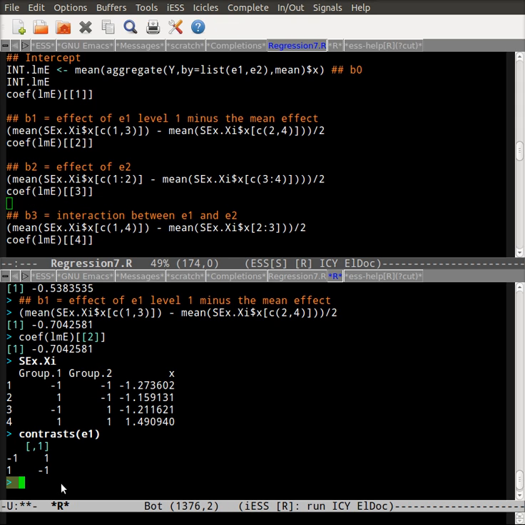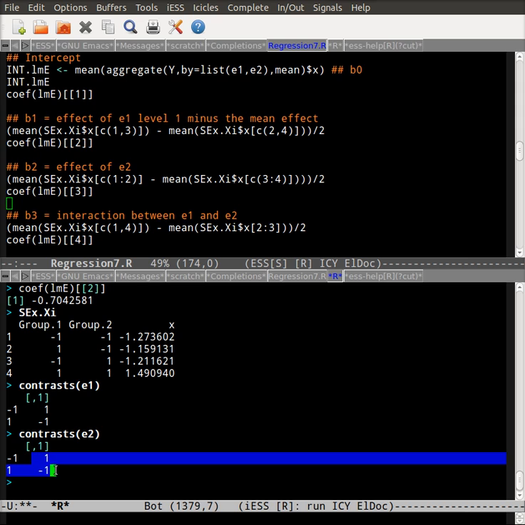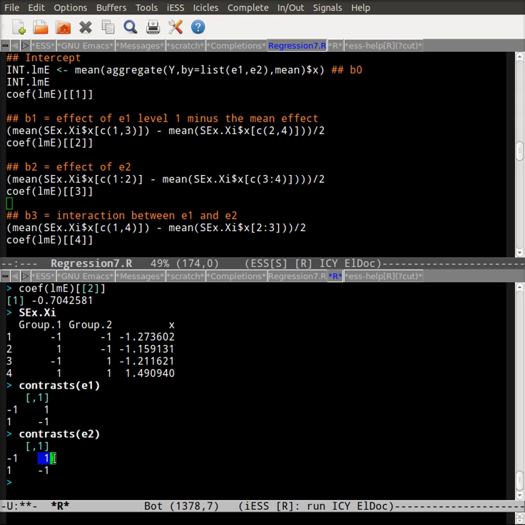Remember that the contrasts are reversed as well. So we don't care what the labels are here. We care what the codes are in the matrix. And the code, we always want the ones, which is -1 here. We want the ones to be the first mean, and then we take away the -1s.